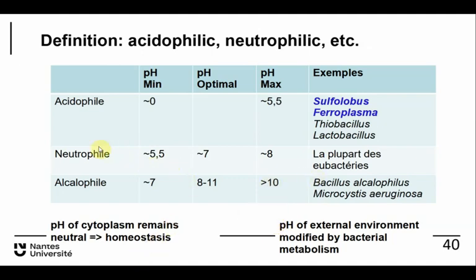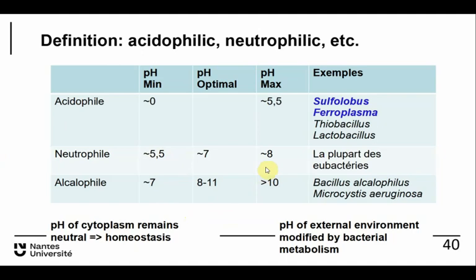Now, for neutrophiles, whatever pH they're growing at, the cytoplasm will remain at neutral pH. So they need to have some kind of homeostasis in order to maintain their cytoplasm at around pH 7, 7.5, even though outside it may be more acidic or more alkaline.